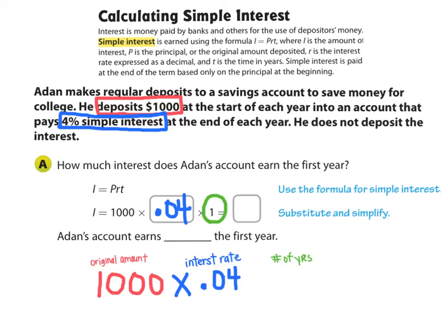The formula also has a letter T, right next to the R, so that means multiply. And this is our first year, so I would also multiply that answer times 1. When you multiply that completely out, you get the answer of 40. So that means Aiden earns $40 during the first year of his savings account.